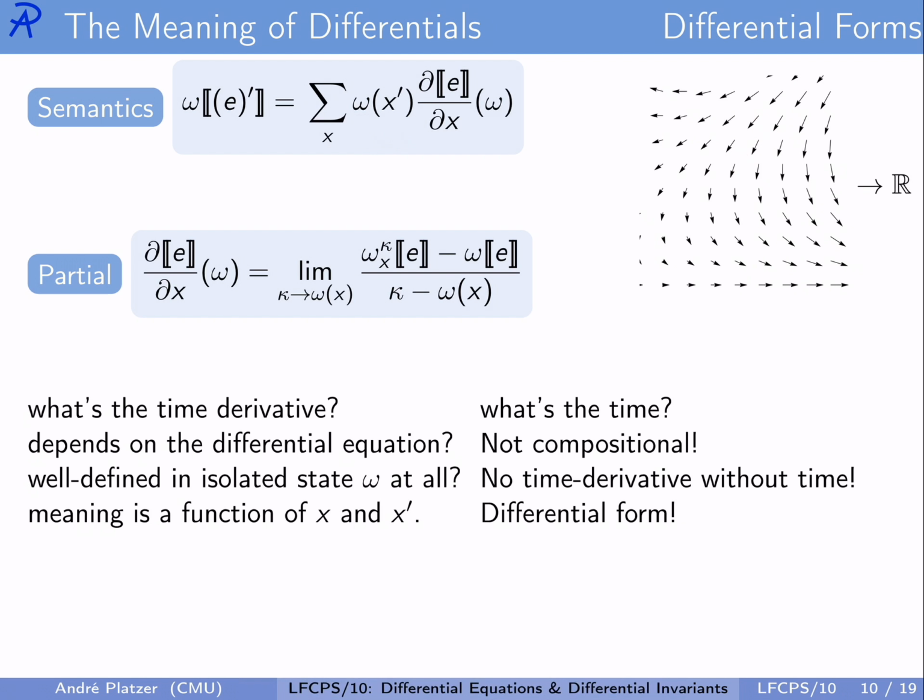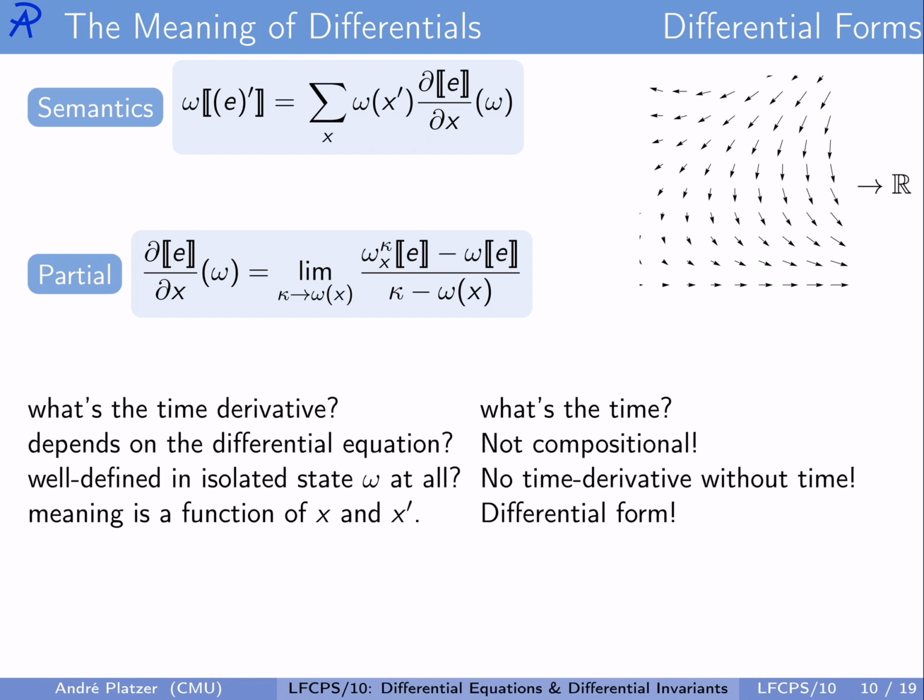That means the meaning of these differential terms, e prime, is exactly a differential form, something that gives us the value as a function of how the expression e depends on the values of the variables x, everyone that's in it, multiplied by how the values themselves change. So what value does x prime have at the moment?